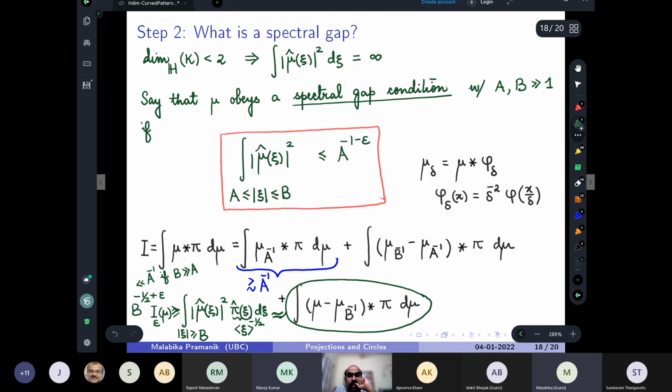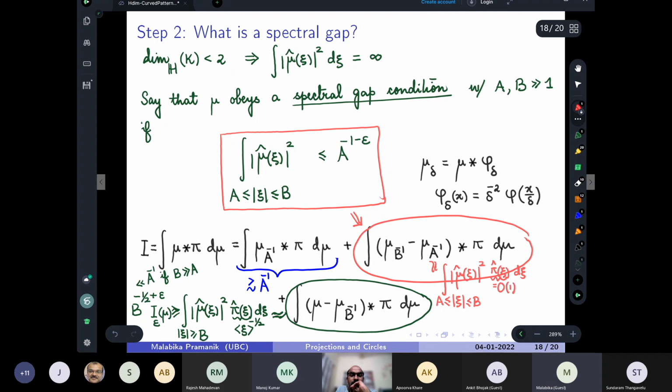Okay. Neither of these two arguments actually help with the middle situation, and it's precisely here that the spectral gap condition is needed. So this is where this feeds in. This integral here, again using the Fourier formula, is exactly of the same size as the integral over mod xi less than b of mu hat of xi squared, pi hat of xi, and pi hat of xi is of course always big O of 1.